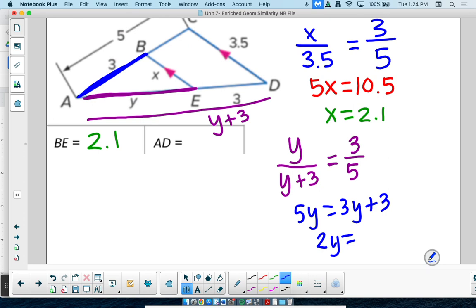Did you remember 3 times 3 is 9? 9 divided by 2 is 4.5. Careful though, you're not looking for Y, you're looking for what? AD, so what's 4.5 plus 3? 7.5. That's going to happen on your assignment. You're not always looking for the variable, you're looking for a side length. Okay?